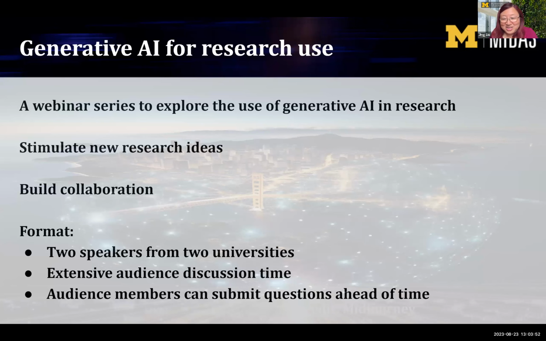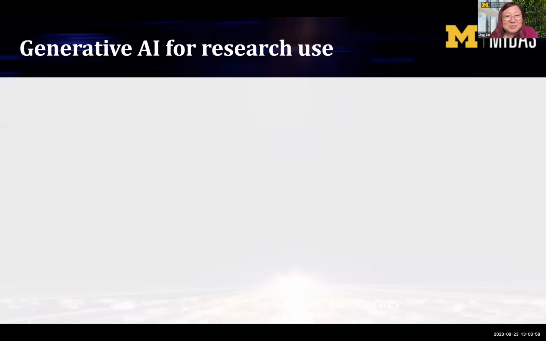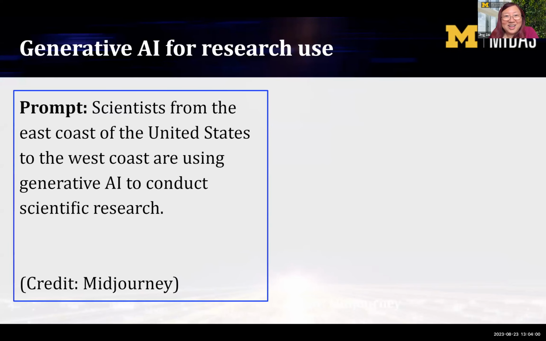First of all, though, I do want to give credit to the image that you're seeing here. As you know, lots of AI tools now are very handy in generating images. So this is the prompt I gave in Midjourney: Scientists from the East Coast to the West Coast are using generative AI to conduct scientific research.